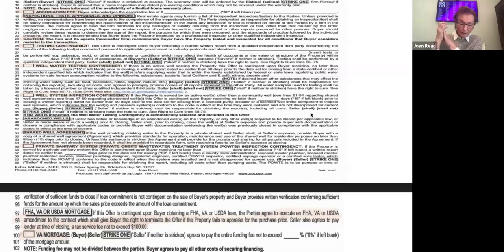So the next sections are about water, well water. If you are writing in the city, obviously this can be ignored because you don't have a well. Some city properties have old wells on them, and that's under the section line 47 under abandoned wells.